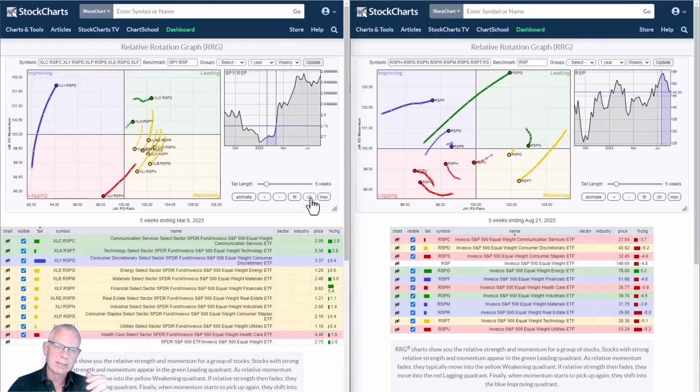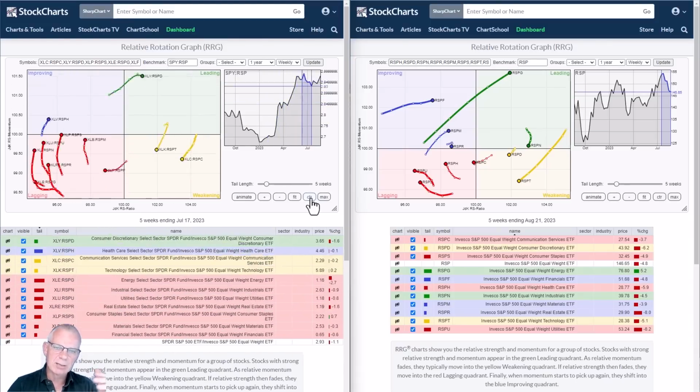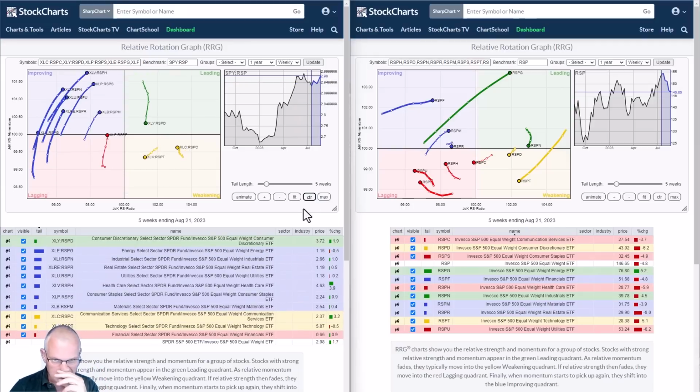And it's interesting that right now on the right-hand side of the graph are communication services, technology, and consumer discretionary. These are arguably the bigger sectors in the universe, and they are all coming out of a leading fashion.